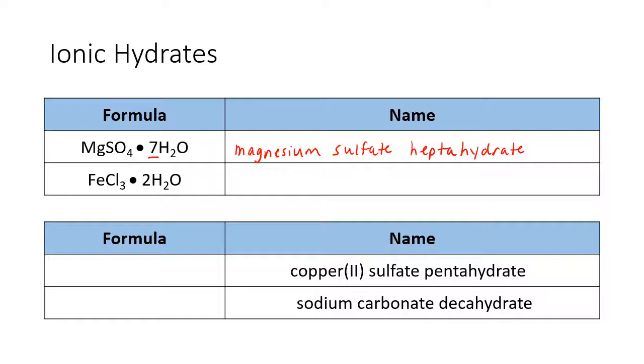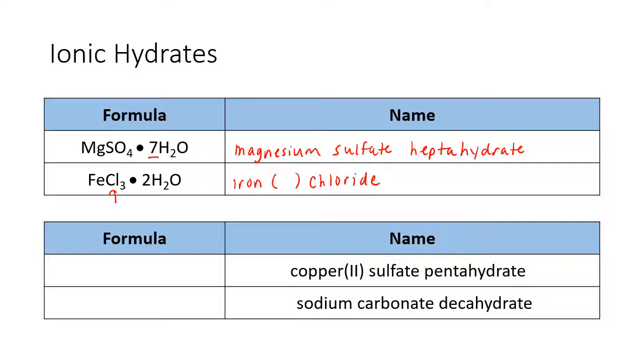FeCl3.2H2O. Fe is iron, which we're going to have to indicate the charge on the iron. Cl is chlorine, but that would become chloride in an ionic compound. We can work backwards, starting with the anion, to figure out the charge on our transition metal.